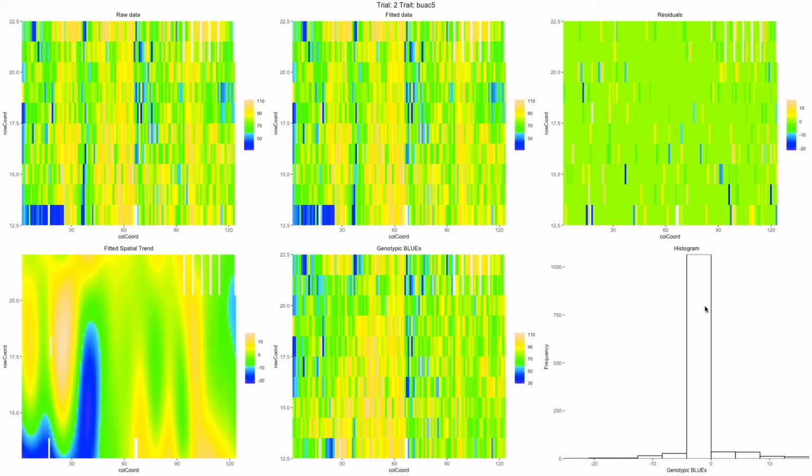So actually, this might be a histogram of the residuals instead of BLUEs. And this is how we fit a model to a data set and then get some summaries of the model. And in the next video, I will do the same thing for the second dataset.